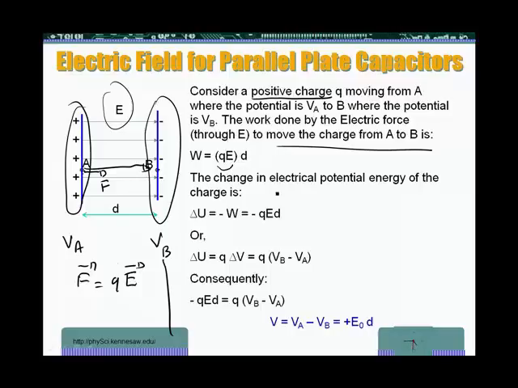The change in electrical potential energy is just the negative of the work done by the electrical force, or minus QEd. Now, if this is the change in electrical potential energy for the charge, what would be the change in voltage, delta V, between point A and point B?